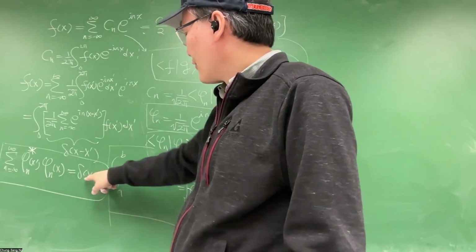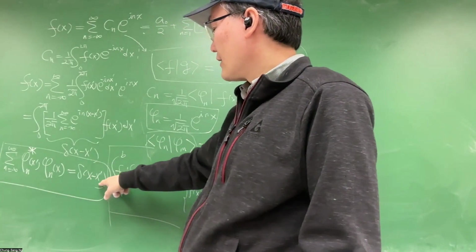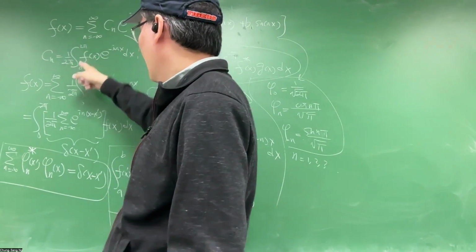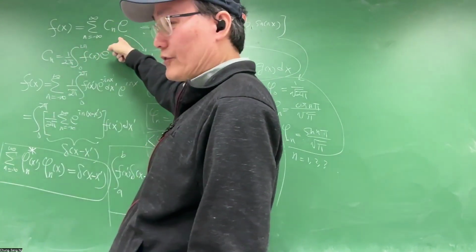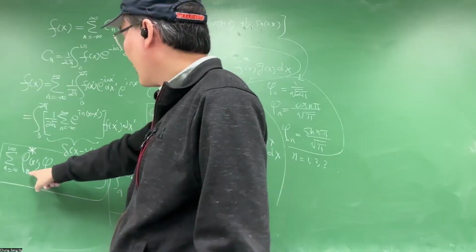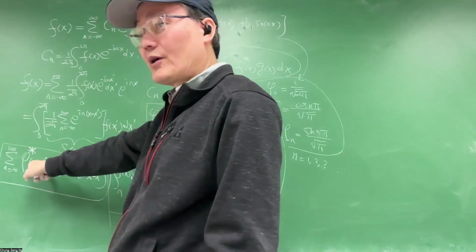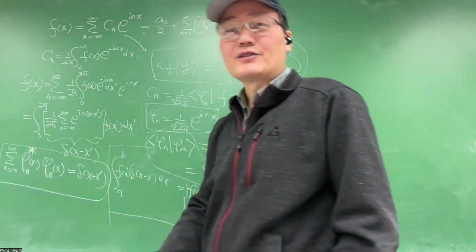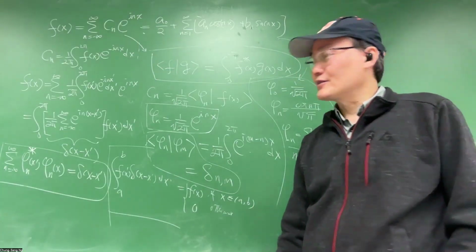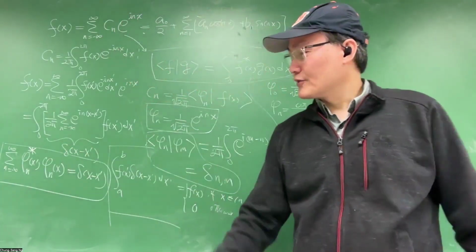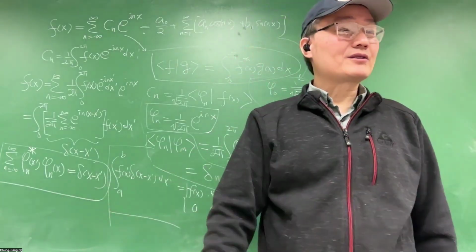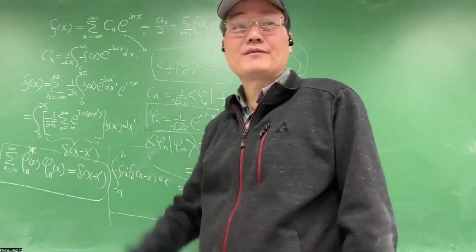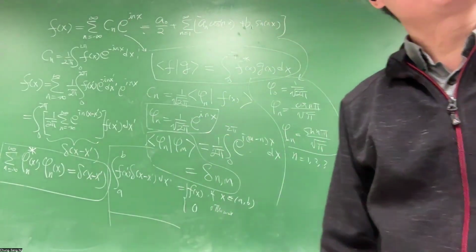So the delta function, if you treat it like a function of x, has x prime as a parameter, and this summation is like a Fourier series, except that the coefficients now have x prime as a parameter, which turns out to be exactly the basis complex conjugate. Either you can look at this as a consequence of completeness, or as expanding the delta function using your series expansion.